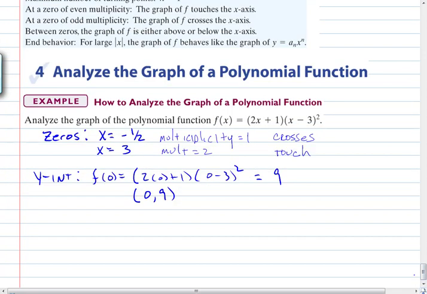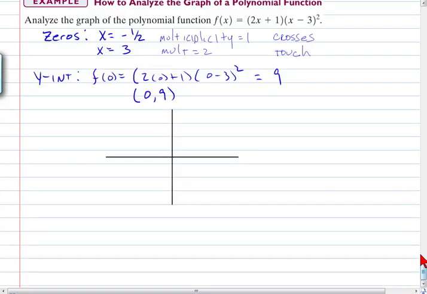So already I can sketch in the graph of this function fairly decent using these points. So I have a graph. X is -1/2, so there's 1, 2, 3, 4, 1, 2, 3, 4. So I know that I have x-intercepts at -1/2, 0. That's going to cross there. I have a y-intercept at 0, 9. I have another x-intercept at 3, 0.